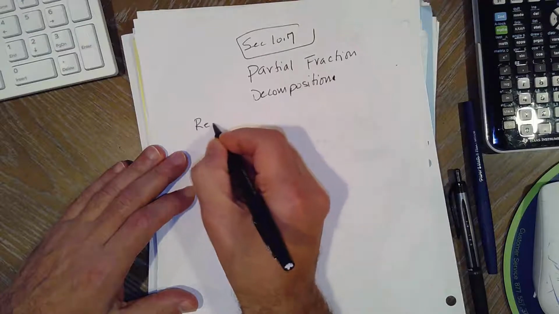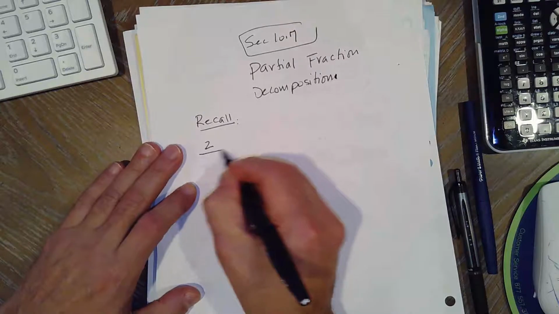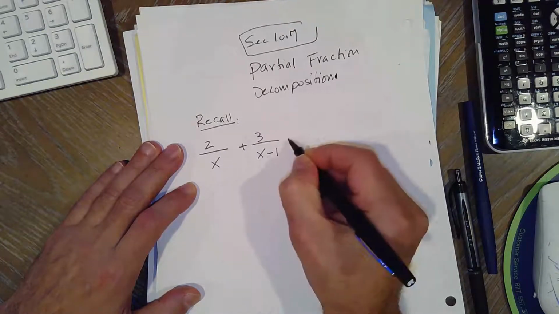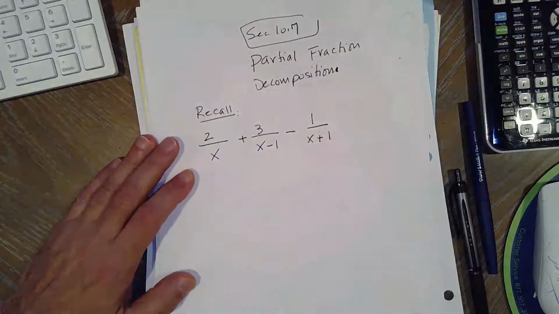Let's recall this. If we add fractions, we all know how to add fractions, like 2 over x plus 3 over x minus 1 minus 1 over x plus 1. In order to do that, find the LCD.